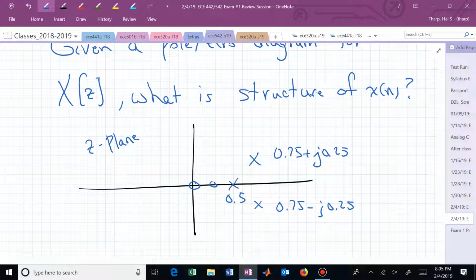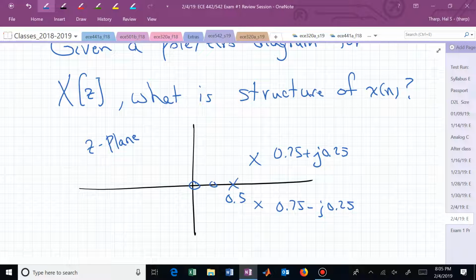Yes. The homogeneous structure will also have cosine and sine in this case with the complex poles. So now with the complex poles, we're going to have a sine and a cosine exponentially damped. So the damping will be determined by their radius. The question, I think, was when we have complex conjugate poles, does that give rise to sines and cosines?